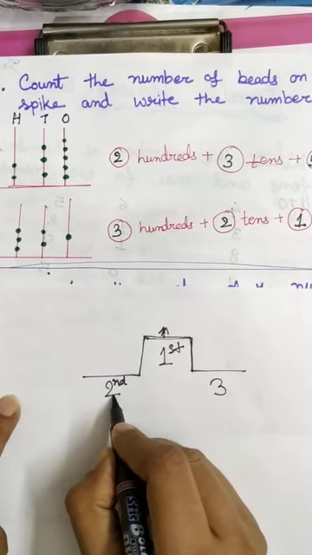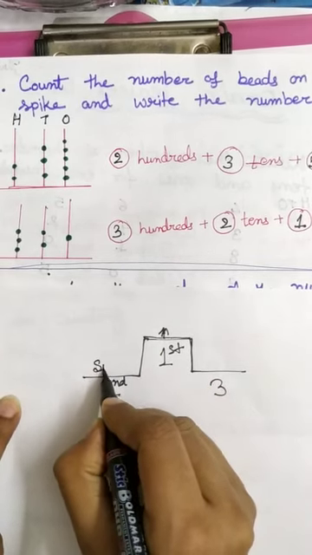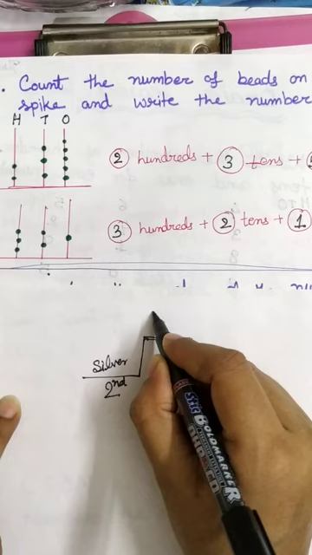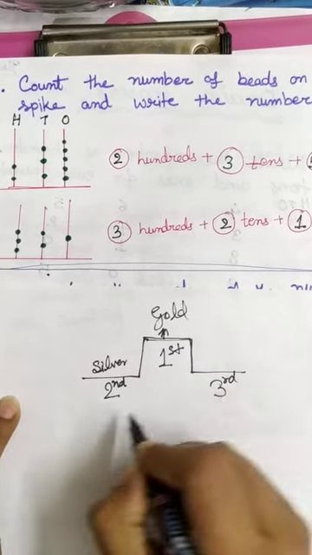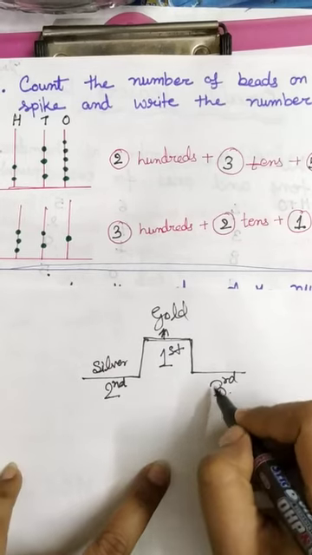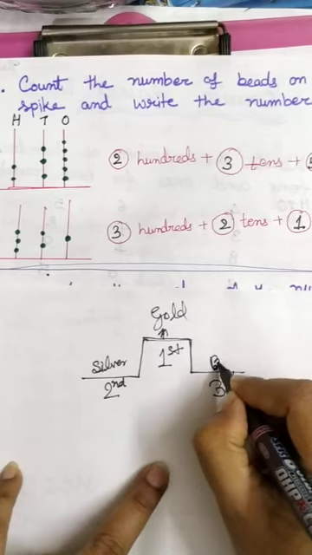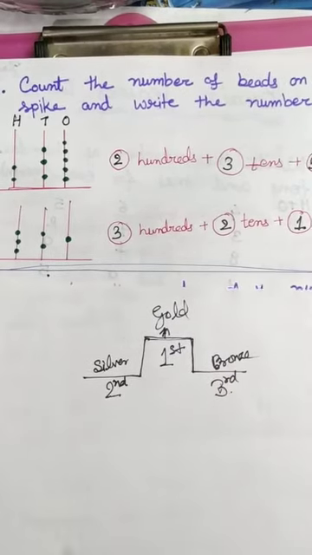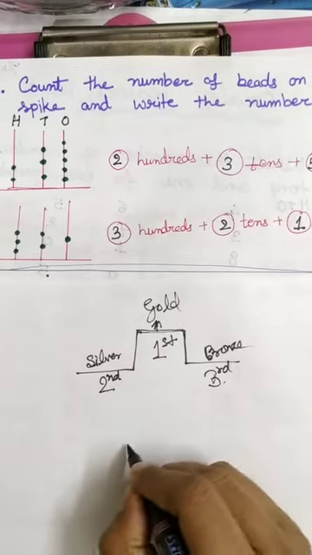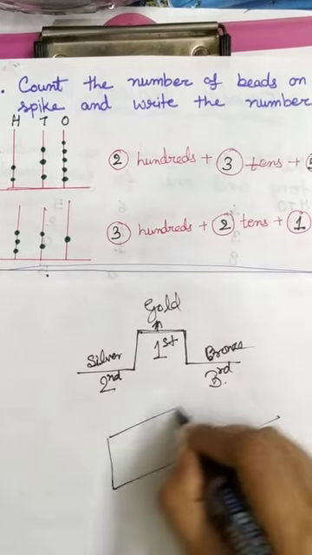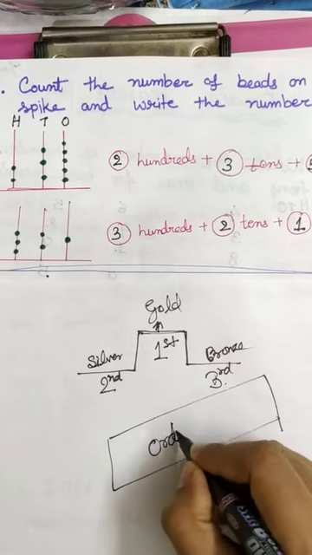The silver medal. And then third. The child who comes third, who gets the third position, what does it get? Bronze medal. Now you remember position. So ordinal number, as we have already discussed, tells the position.